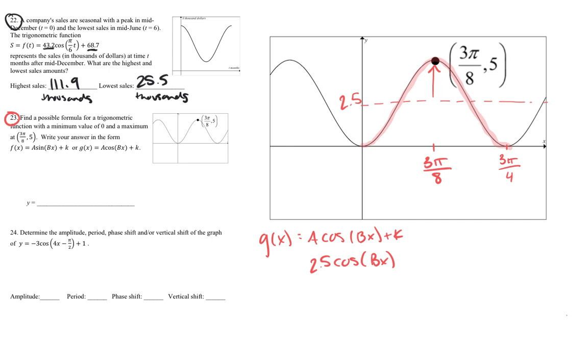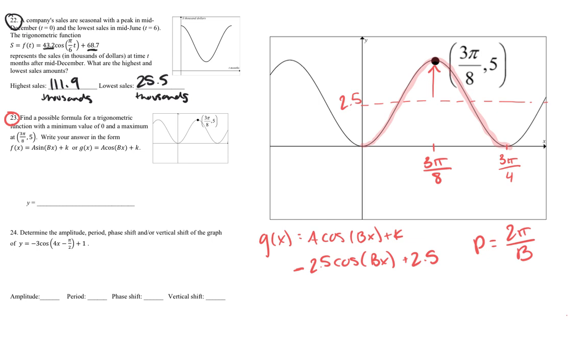And remember we talked about this graph being negative because the cosine graph is flipped. So k is the height of our graph, how far up the midline is. The midline is 2.5 up. It's convenient. Plus 2.5. So now we have to figure out b. Remember our formula for b: period equals 2 pi over b.